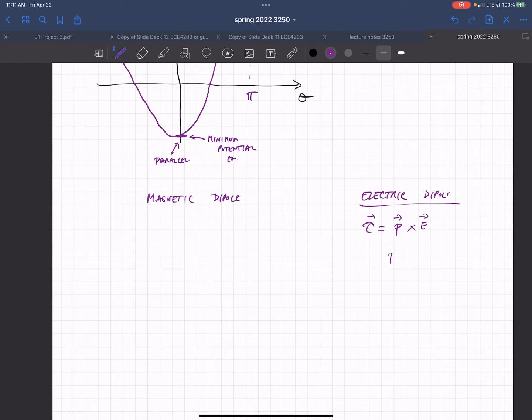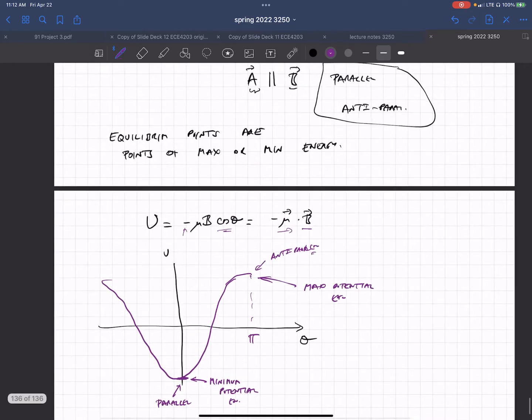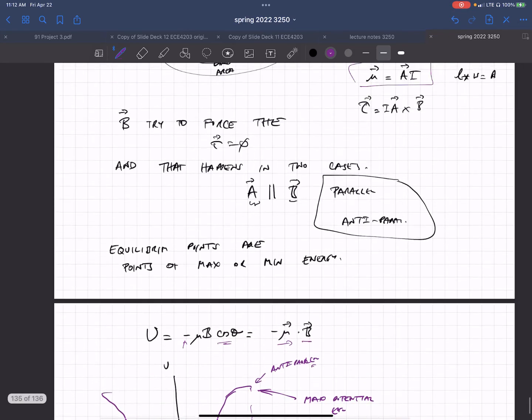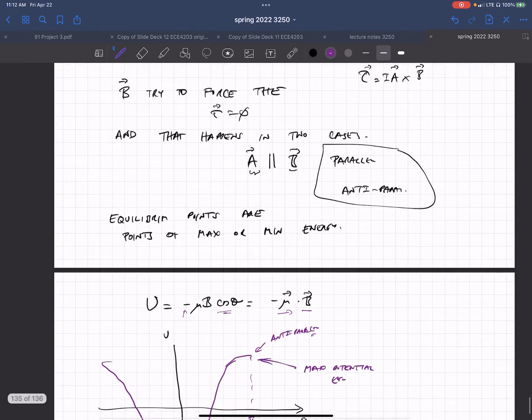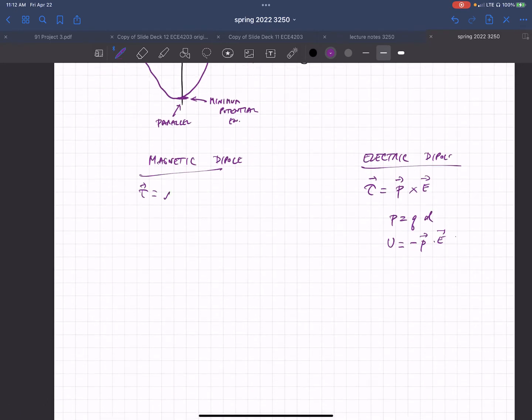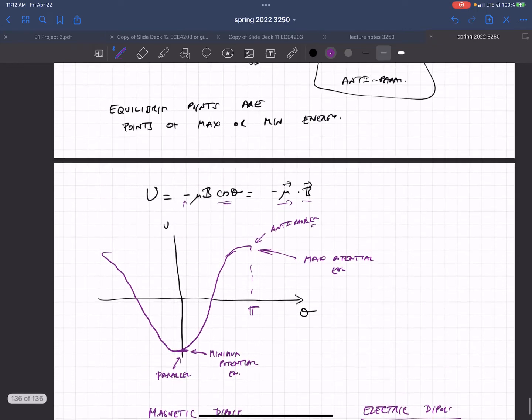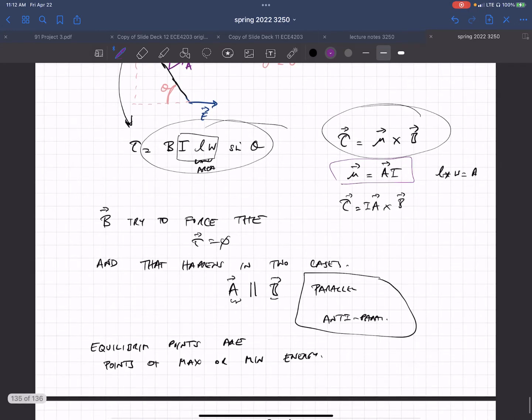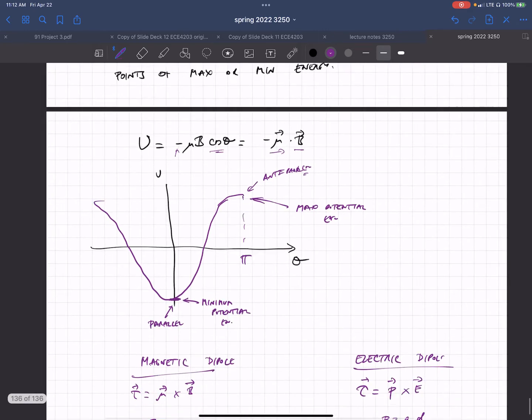Okay, and for the electric dipole, the dipole moment P was QD, and the energy was minus P dot E. So for a magnetic dipole, tau is mu cross B, with the dipole moment being defined as, what is it defined as?